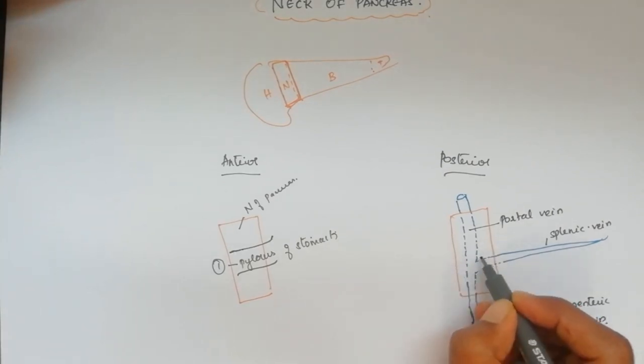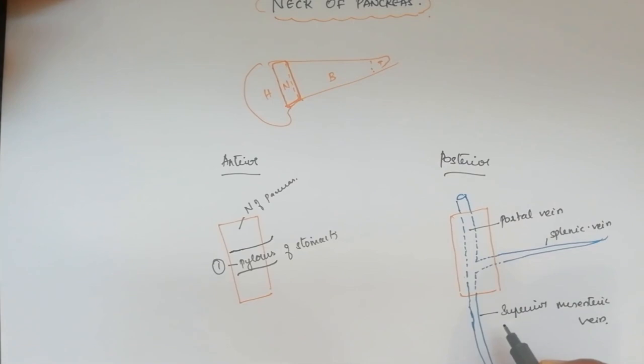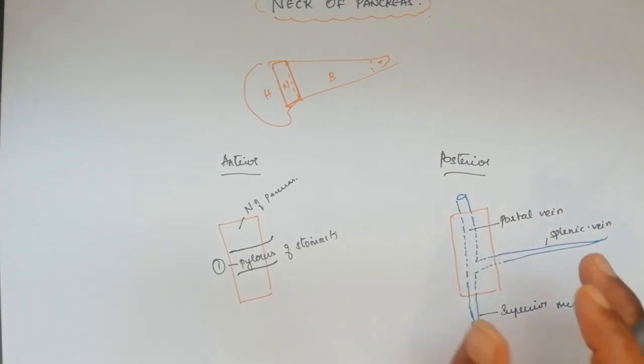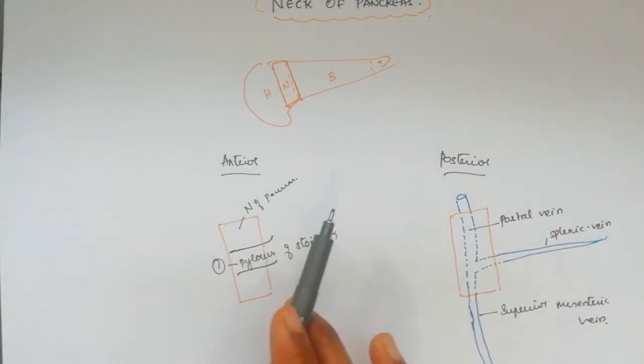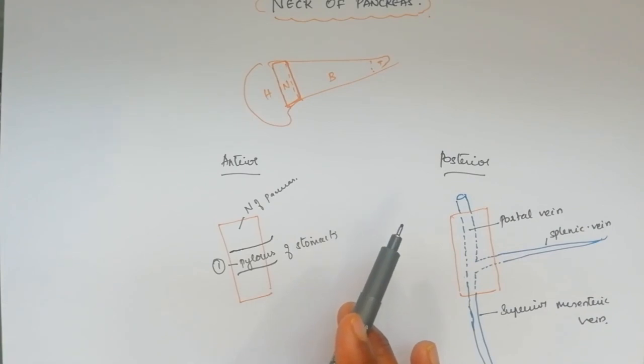So formation of the portal vein by the splenic and superior mesenteric vein is happening behind the neck of pancreas. So this is how we have got the relation of the anterior and posterior aspect of the neck of pancreas.